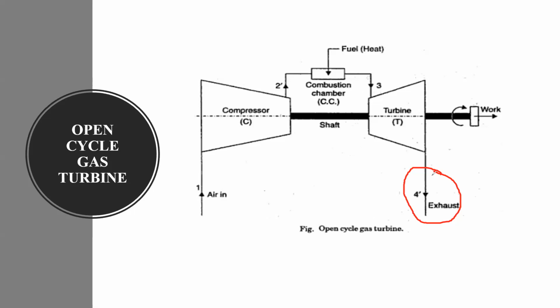If I use a closed loop system, I can use this gas again and inject it into the compressor. In this way I can enhance the efficiency and the output of the power plant. This is a peak load power plant and you must operate it at the highest efficiency, because its starting time is very short and its running time is also very short.